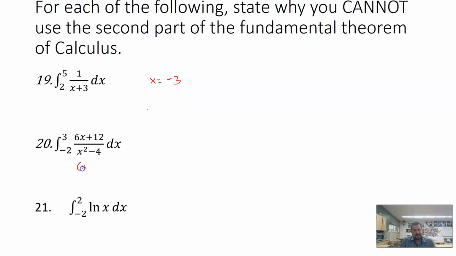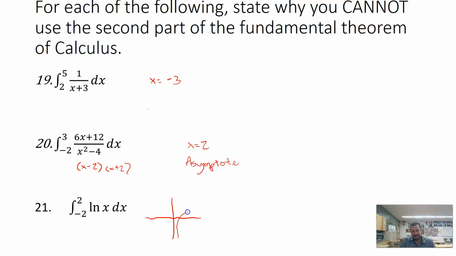On number 20, I've got x minus 2 times x plus 2. On this one, this is correct. At x equals 2, you'll notice 2 is between -2 and +3. So I am not continuous. I have myself an asymptote at x equals 2. On the last one, you might say at first, well, the ln of x, I don't remember real well what that graph looks like.